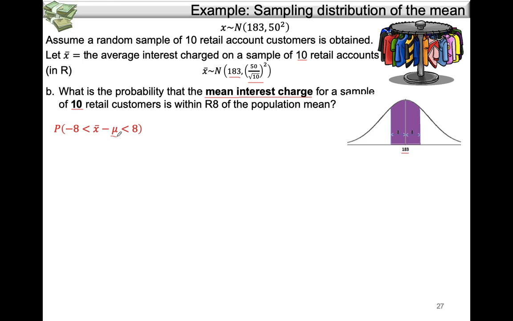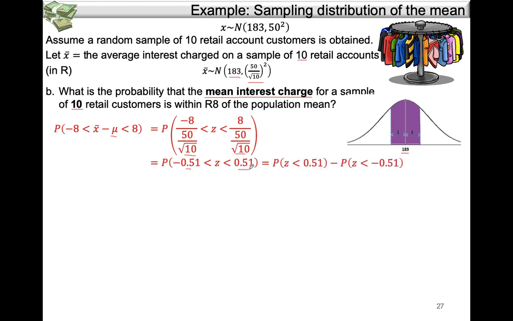So when it comes to standardizing, we only need to divide by the standard deviation of X bar on either side. So we find that now we have the probability of Z between minus 0.51 and positive 0.51. So we can rewrite it as the probability of Z less than 0.51 minus the probability of Z less than minus 0.51.